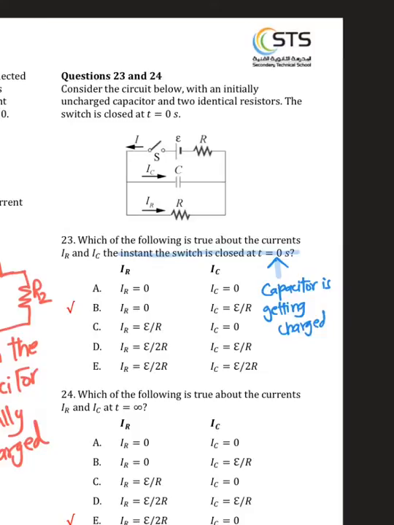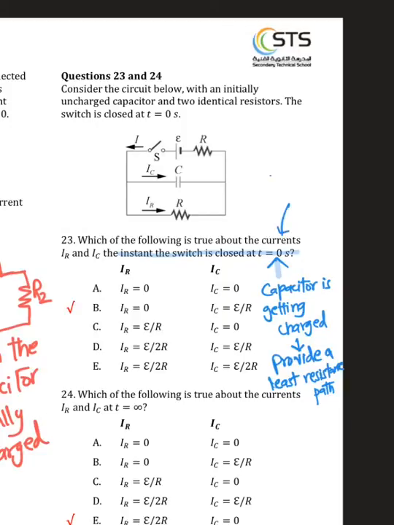That means it's going to provide a least resistance path. So all the current is going to flow through C and there will be no current through R. So that's why we have got the answer as B.